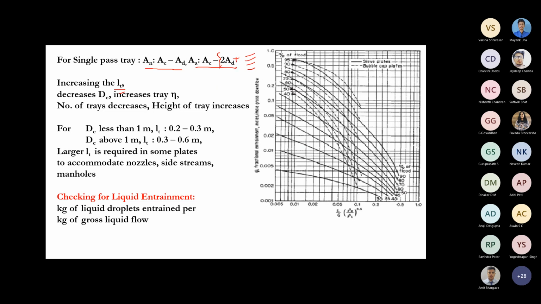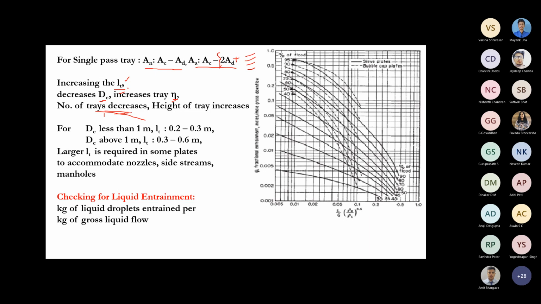Since the column diameter is higher, you have to account for all these things. We know that increasing the tray spacing will decrease the diameter, and also increases the tray efficiency. So if the tray spacing increases, the tray efficiency increases and the number of trays will come down.